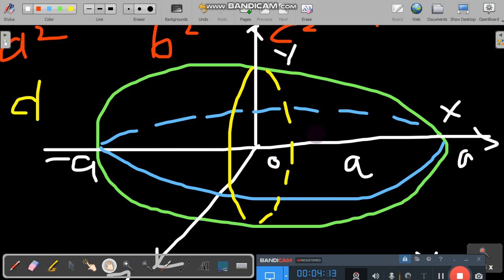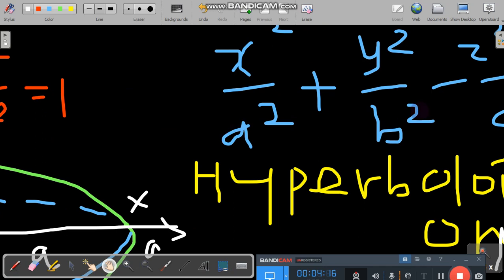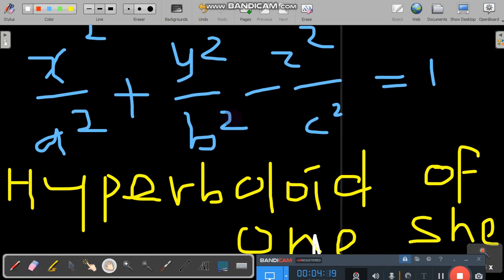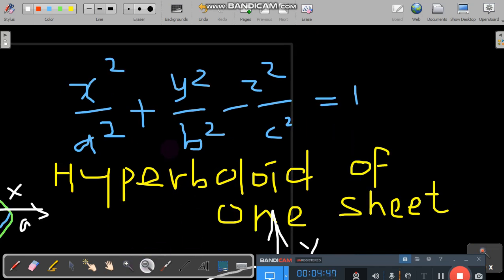We have the principal axis. Now let us go to the next quadric example, the hyperboloid of one sheet. That is the set of points which satisfies this equation: x squared by a squared plus y squared by b squared minus z squared by c squared equals 1.